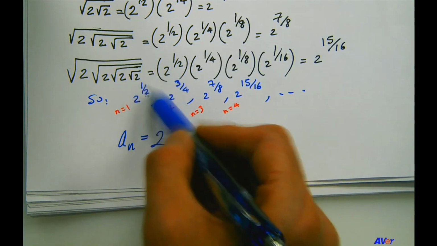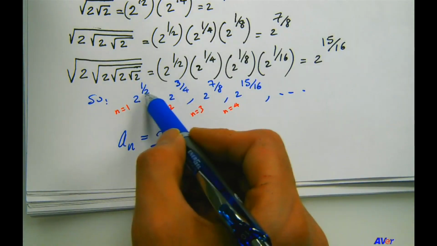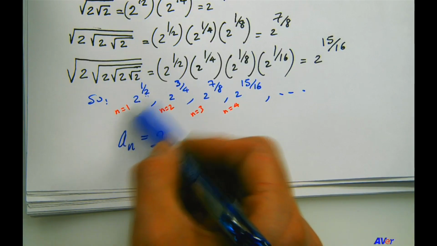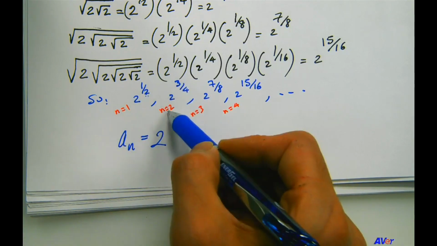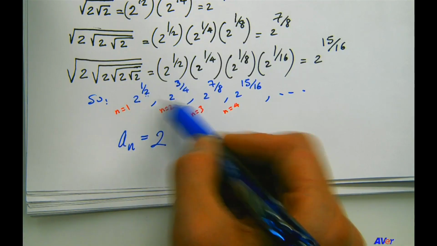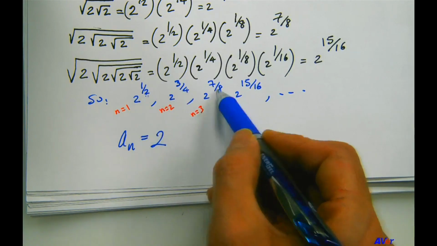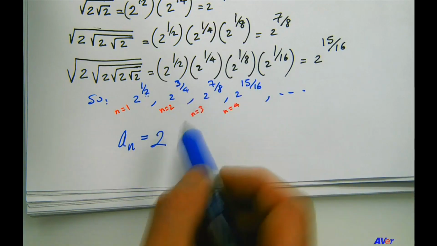So let's see if there is a connection between this power and the location of each term. 2 to the first power, where 1 is the location of this term, is 2. The second location is 2 squared, which is 4, 2 cubed is 8, 2 to the 4th is 16. So another pattern is emerging.